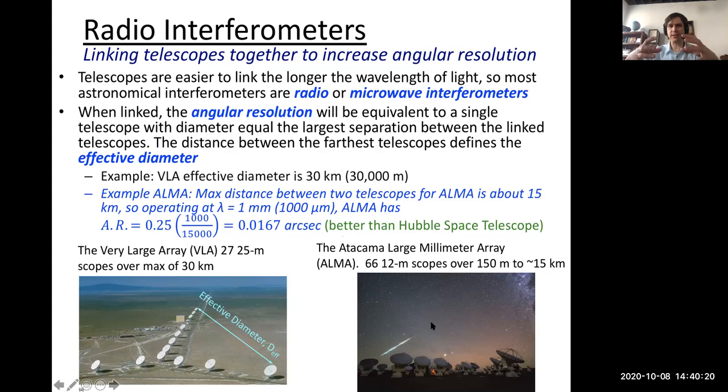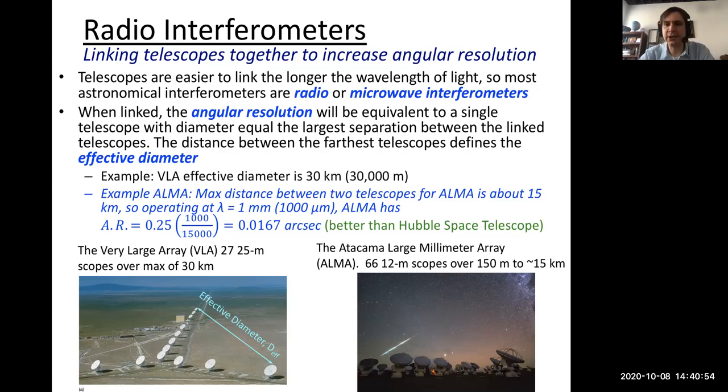You can make it really compact, where the largest distance between any two telescopes is about 150 meters, or you can spread it way out so that the largest distance between any two telescopes is about 15 kilometers, sorry, 15 kilometers. Let's take that wide arrangement of these telescopes. That will give us an effective diameter of 15 kilometers, 15,000 meters.